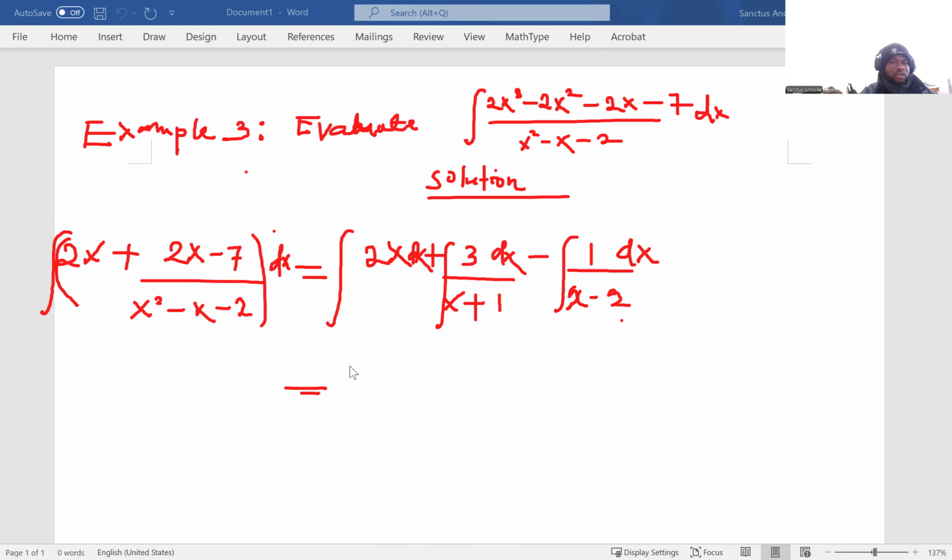So if we integrate 2x with respect to x, we're going to have x to the power 2, 2 over 2.